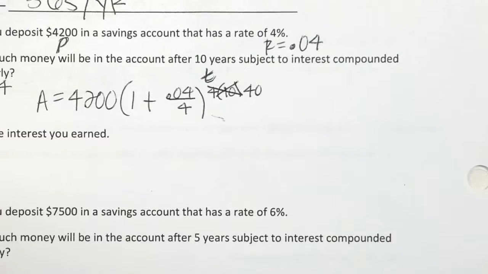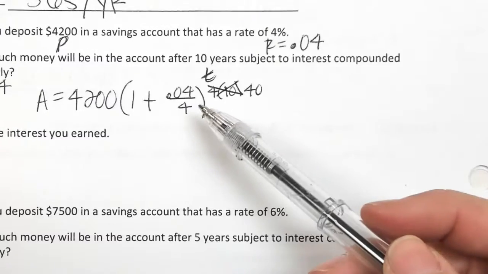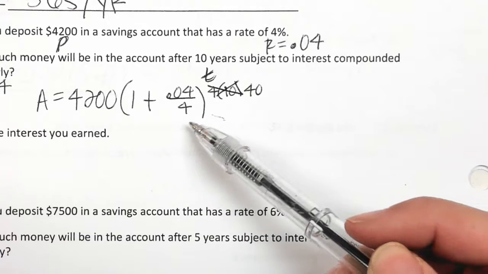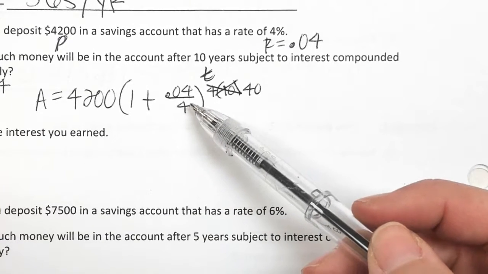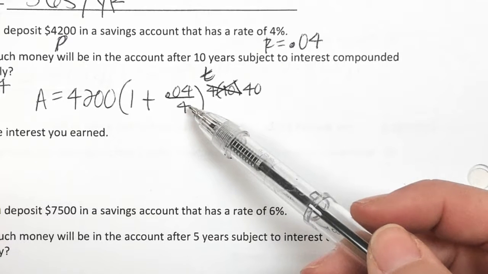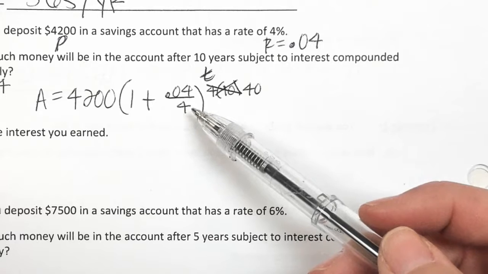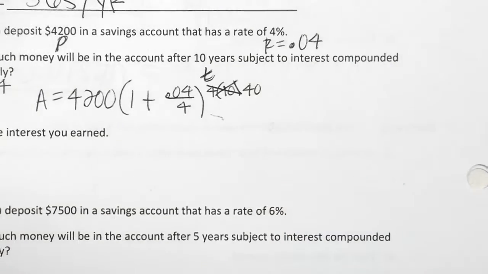Alright, if you're doing this on your calculator, the first thing I would suggest is that you do 0.04 divided by 4 first, then add the 1, and then raise it to the 40th power, okay? So type in your calculator. 0.04 divided by 4, which is 0.01. Go ahead and add 1, so plus 1 equals, then raise it to the 40th power.